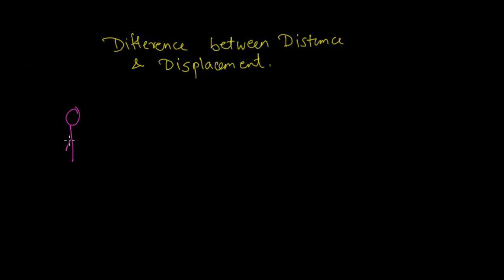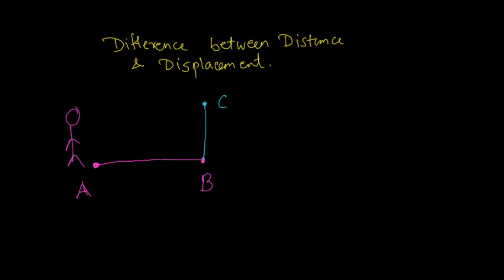This is you, and you are standing at point A. Okay, this is point A, and you're just standing near it, and you start moving in this direction, in the horizontal direction, and you reach point B. At point B, you took a right turn and start moving in this direction to reach some point C.